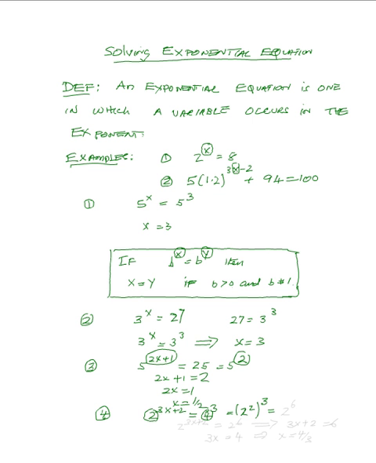Using one of the rules of exponents, we multiply 2 times 3 and get 2 to the 6th power. Now 2 to the power 3x plus 2 equals 2 to the 6th. According to the property we have been using, 3x plus 2 is 6, so 3x is 4, and x is 4/3.